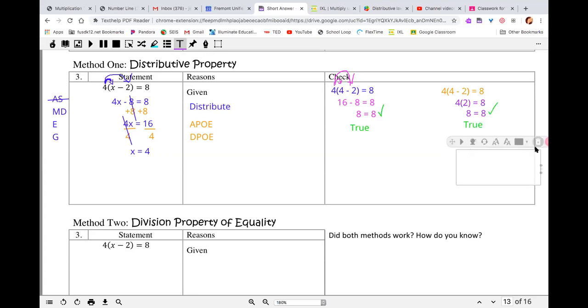So how many people like this way better with distributing, where you have to times it and then minus it? Anyone like this way better? Okay. Does anyone prefer this way, where we go through order of operations? Okay, so a couple of us like it this way.